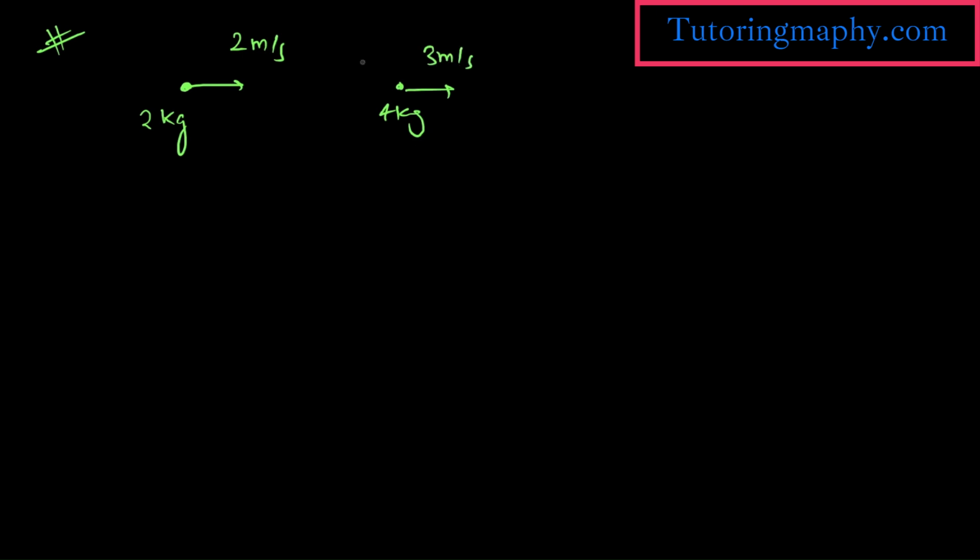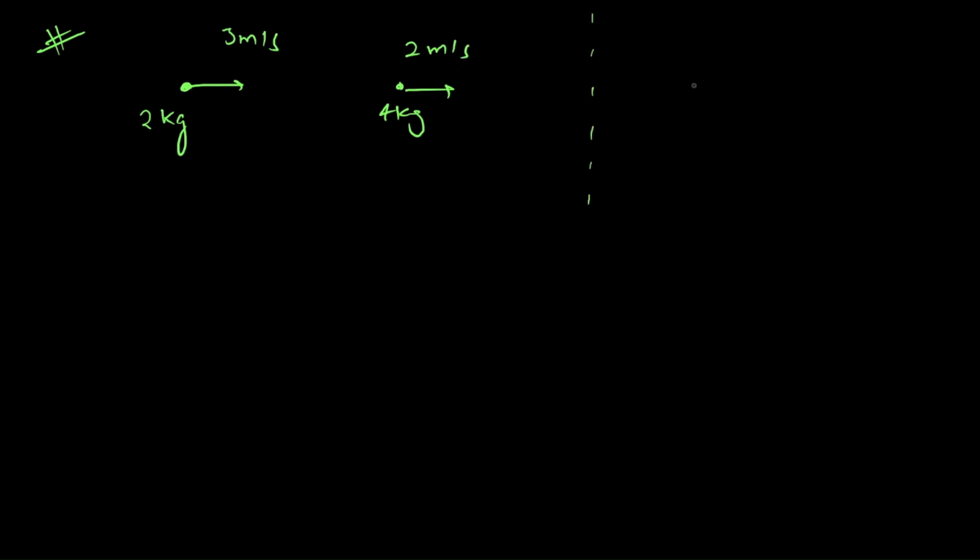I'm sorry, this one is 3 and this one is 2. It would be going away, they cannot collide ever otherwise. They collide, and we have to find what is the unknown speed of this 2 kilogram object if this 4 kilogram object is traveling away at 1 meter per second. All right, can you help me with this question?